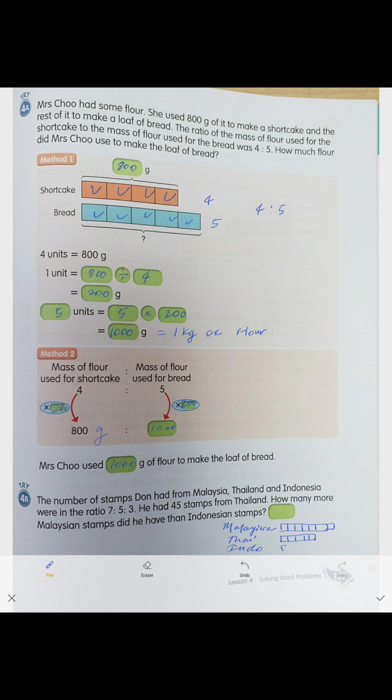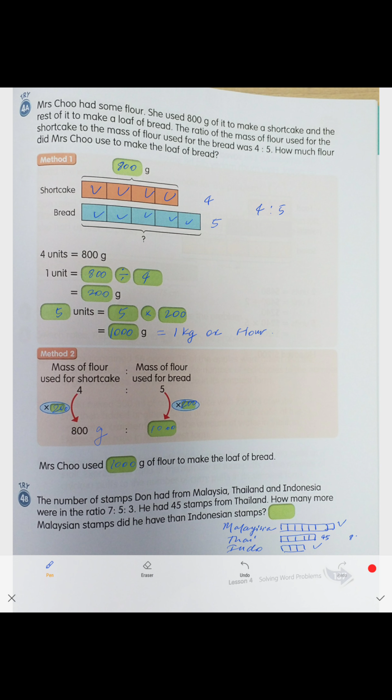And Indonesia has 3 units. Okay. All right. And Thailand, this is 45 stamps. So you're over here, right? Your 5 units is 45, so 1 unit is 9. So you can find this one and this one, right?